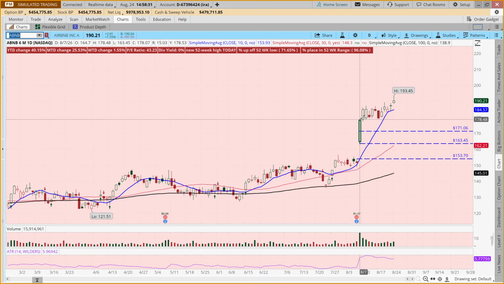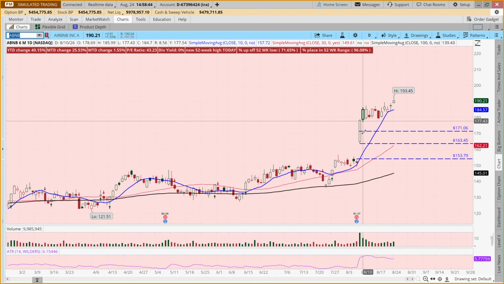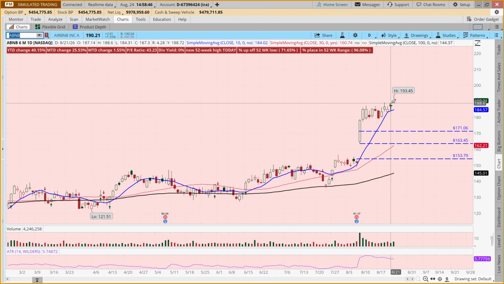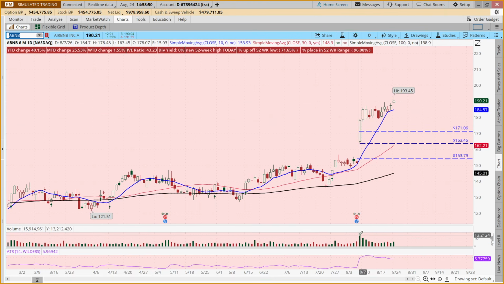We call this a running gap, because even though it pulled down just a smidge to a low of 163.45, that still represented a $10 move over the close of the previous day, or close to it. And then it continued to run to the upside. When you have a running gap on high volume like we had here, this is considered very bullish.